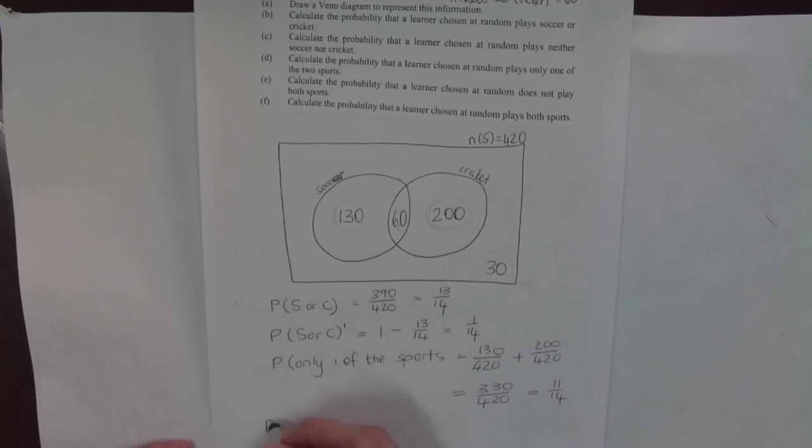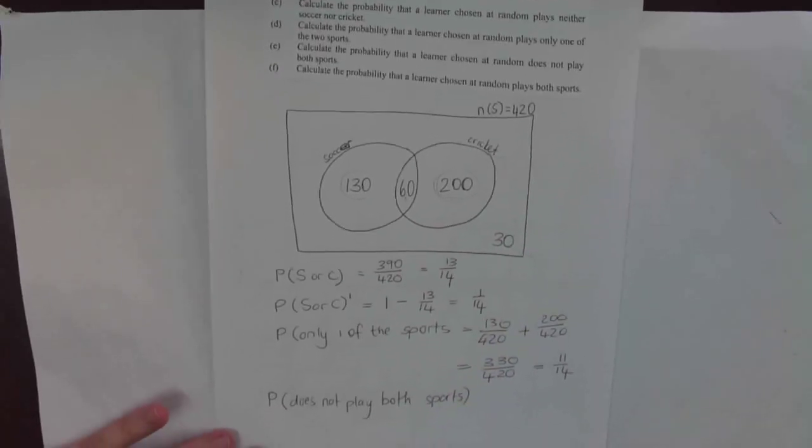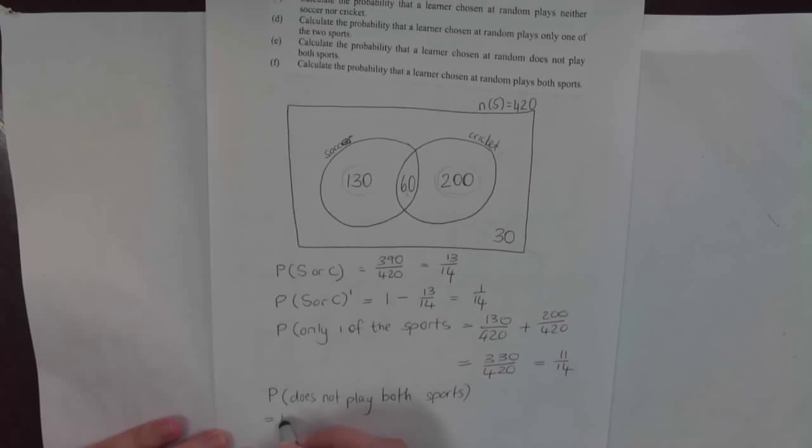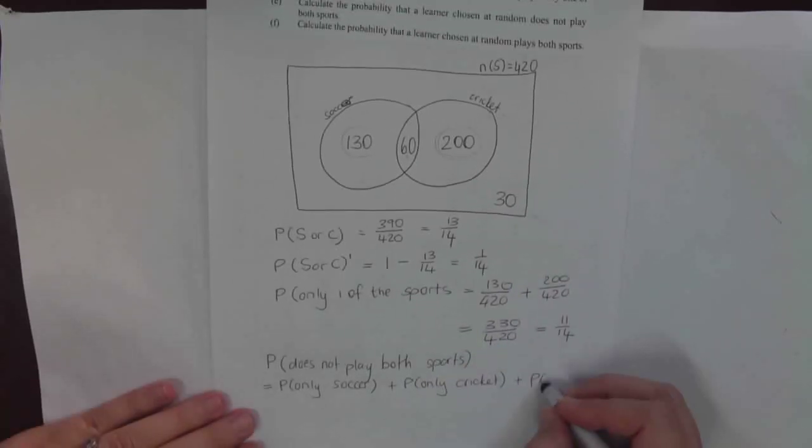Let's think about it. What is the probability that a person does not play both sports? So, it's only soccer, only cricket, and no sport.